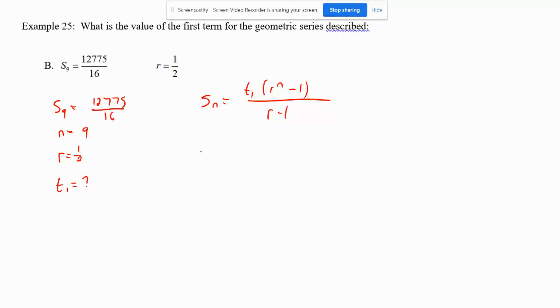It's 12,775 over 16 equals T1 times (1/2 to the 9th minus 1) over (1/2 minus 1).